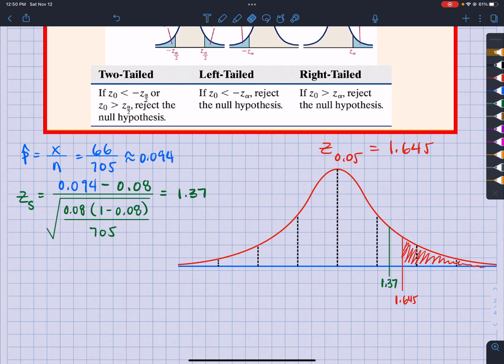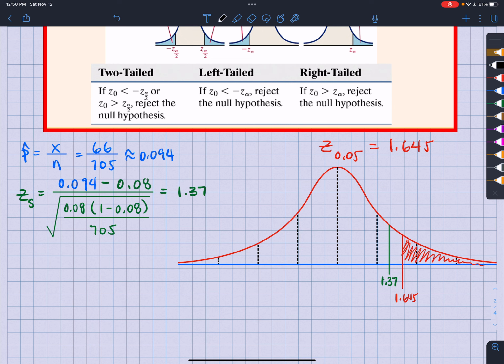So if that is the case, I would just call it, I'll say this. Since z sub s is less than z critical, do not reject the null hypothesis.